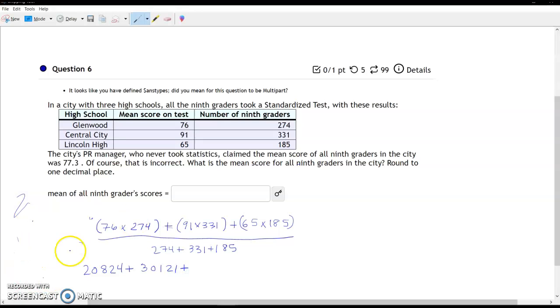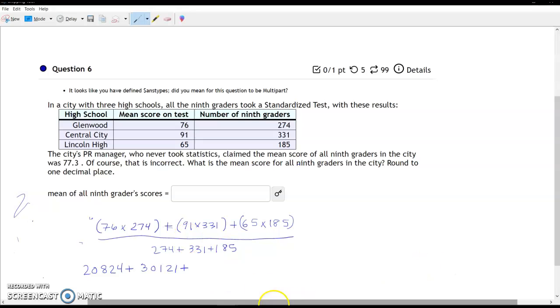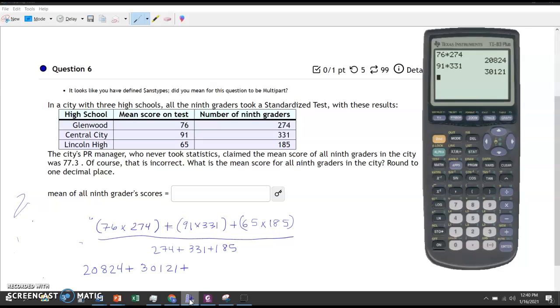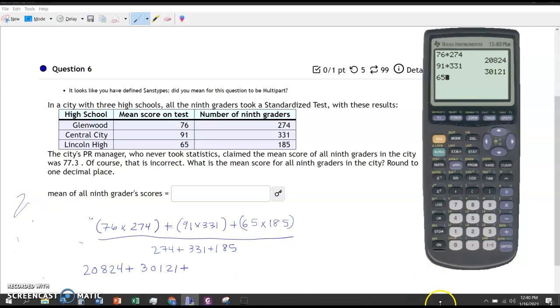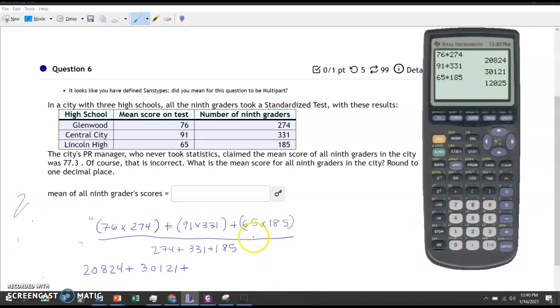Plus 65 times 185. On this white background, the cursor disappears on me. All right, so 65, and we'll multiply by 185. I get 12,025.